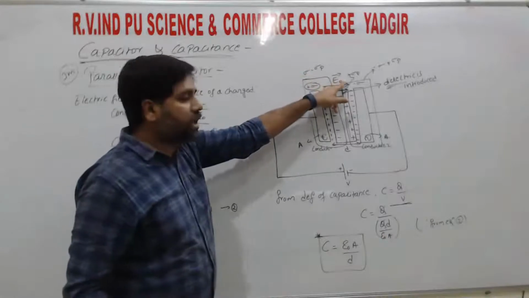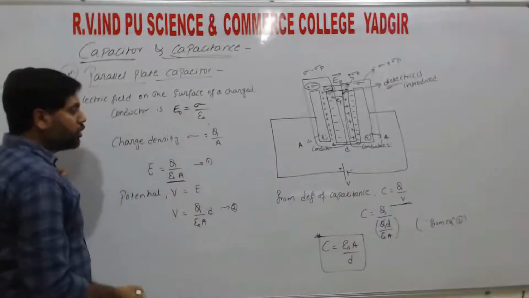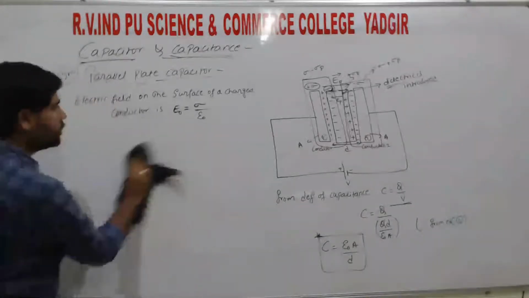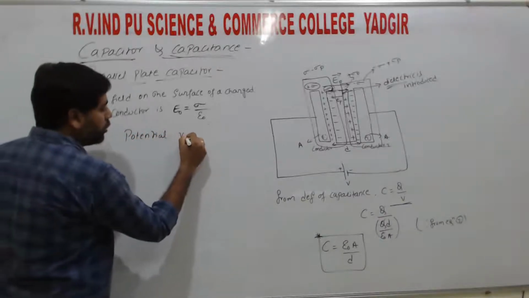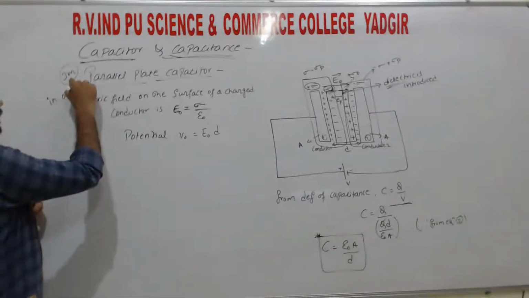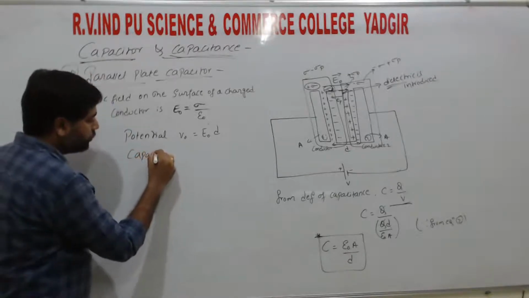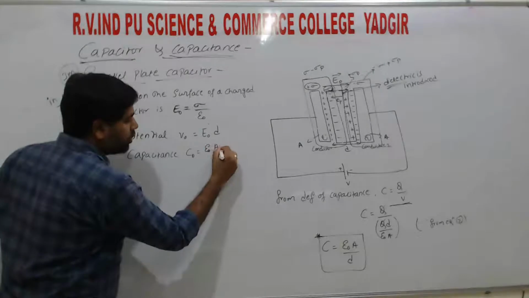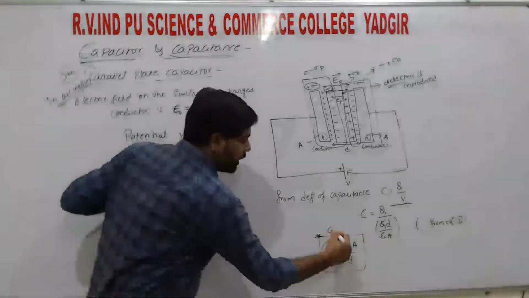The electric field we applied is E naught, initially in the air medium, and the potential V naught is equal to E naught into D. Next, the capacitance C naught is equal to epsilon naught A divided by D. This is in the air medium.